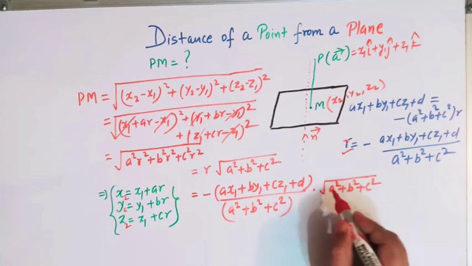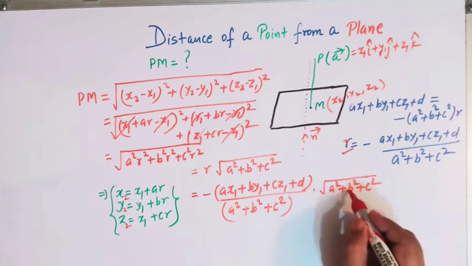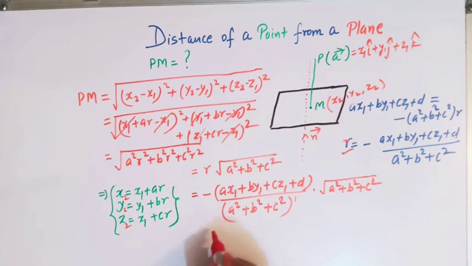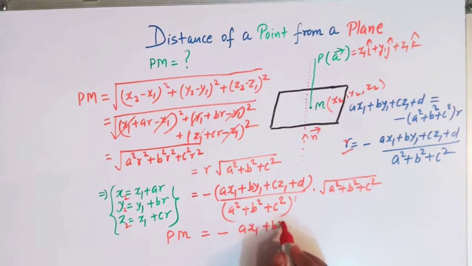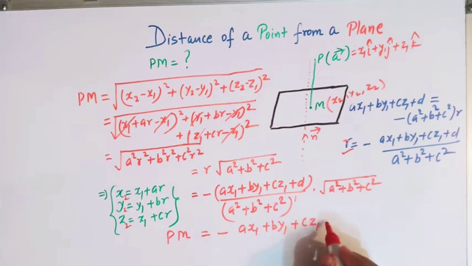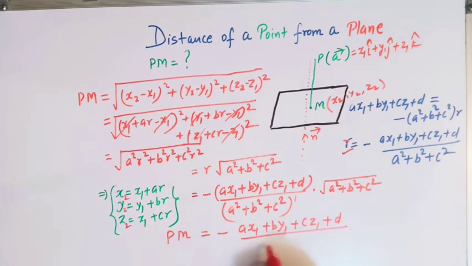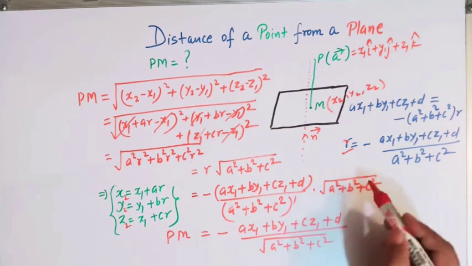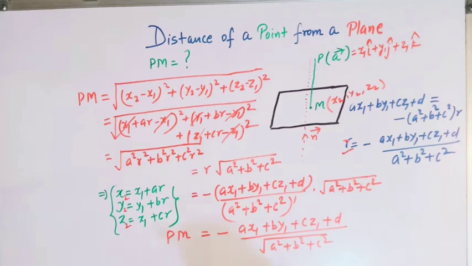Now here we have the power of a square + b square + c square as half in the numerator factor, and 1 in the denominator. So if we simplify it, we get PM equal to -(ax1 + by1 + cz1 + d) divided by the square root of a square + b square + c square, because here the power is half, here the power is 1, so 1 minus half is half.